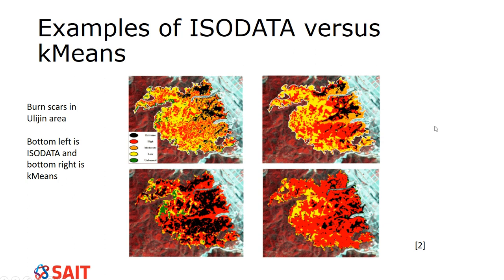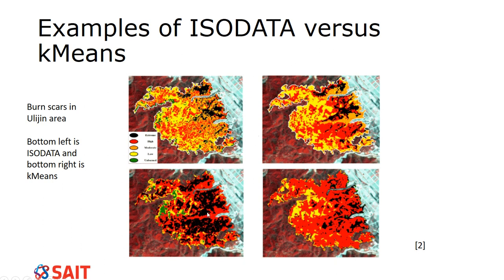So here's an example of the two. We're looking at burn scars in an area, so that's what the black is. The black is not unclassified. In fact, it's very rare that you see unclassified with either of these, but it can happen. The bottom left is ISODATA and the bottom right is KMeans. These ones up top are supervised.